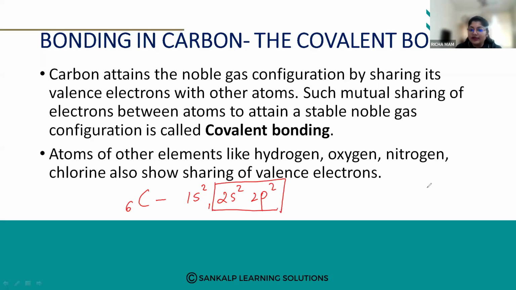We represent carbon by C, and 4 electrons means we write one electron like this on each side of the carbon atom. Which are the other atoms with which carbon can share its electrons? Hydrogen, oxygen, nitrogen and chlorine can share.